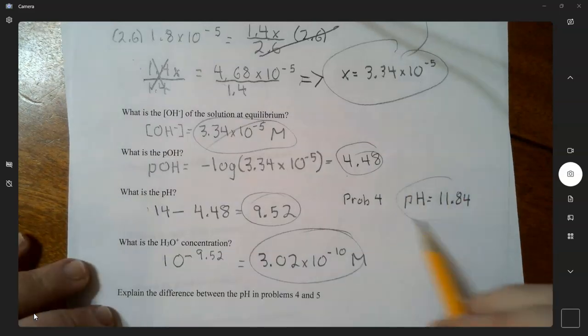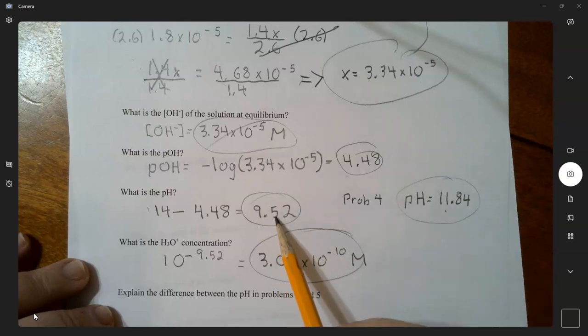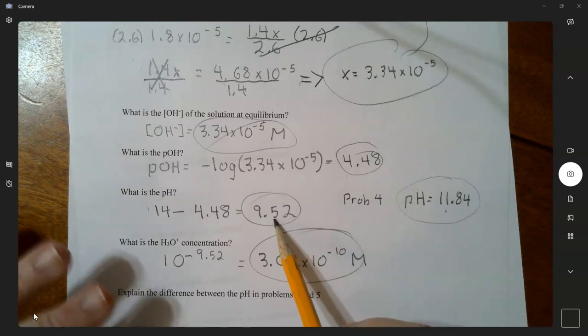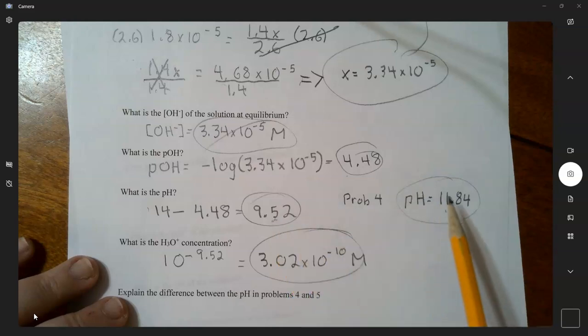So this is a much less acidic solution. The closer it gets up to 14, the less acidic and more basic it is. In the last problem, you got one that was less basic, and it's still a base, no question about it, but it moves in the direction of acid because it's a lower number. So this is lower, more acidic. This is a higher number, more basic.